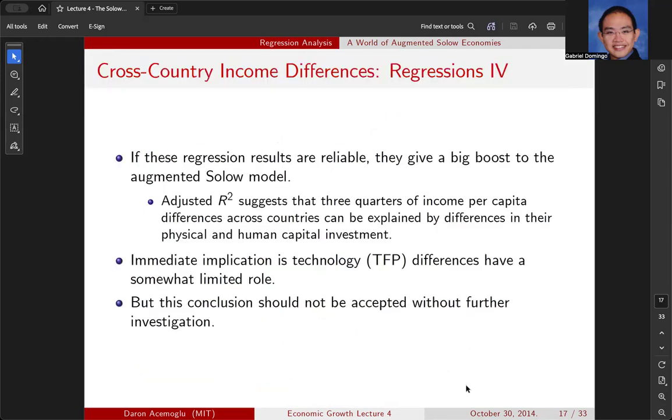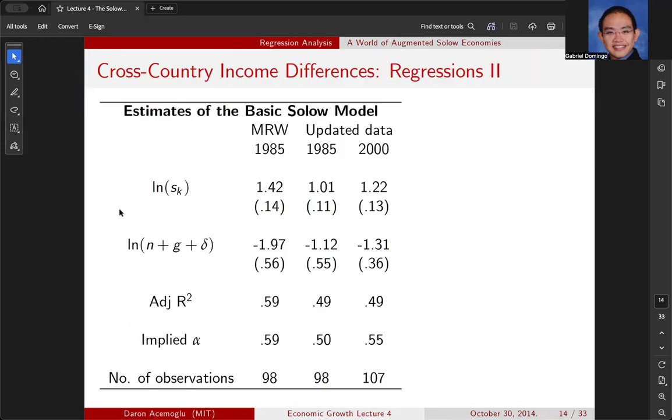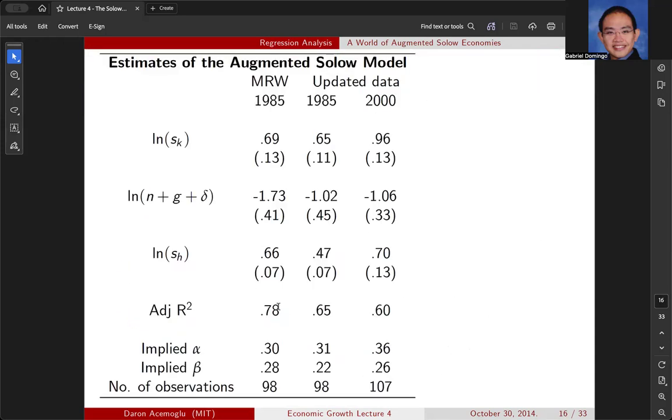Now, if these regression results are reliable, they will give a big boost to the augmented Solow model, right? So the adjusted R squared is higher than the other regression. This is 0.78 and they're comparing it to 0.59. And the coefficients themselves fit the theoretical Solow model much, much better.